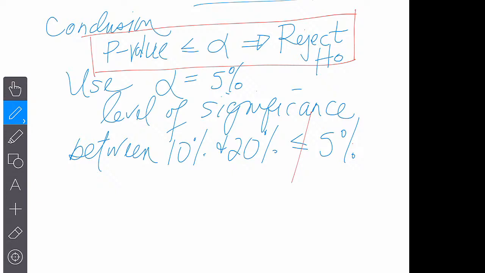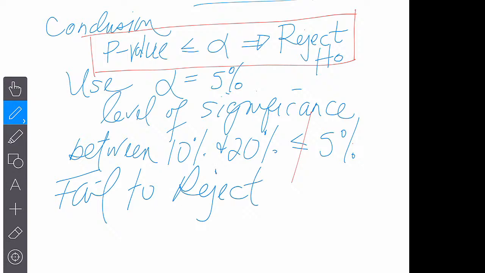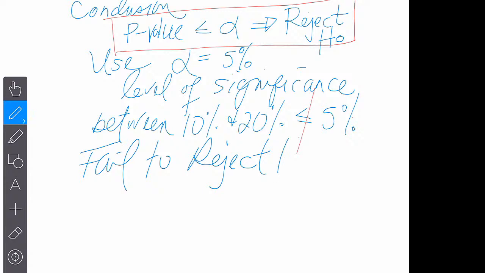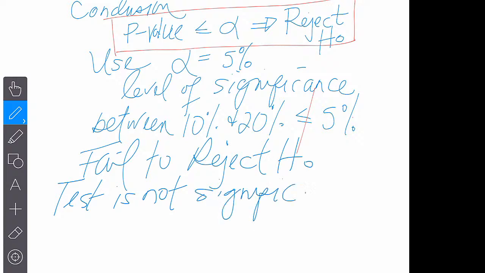What we do is we say fail to reject. So now we have to conclude that the test is not significant. We didn't find anything significant, anything new, anything to report. And in the language of the problem, we have to go back to the problem to answer it, in the terminology of the problem. What did we find?